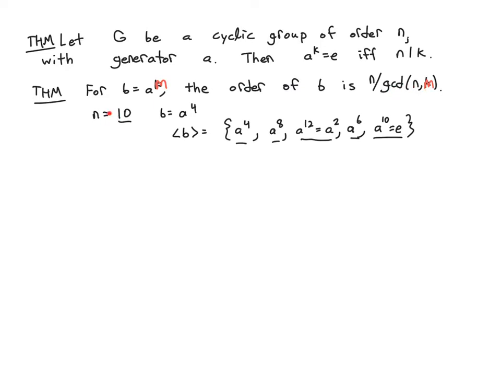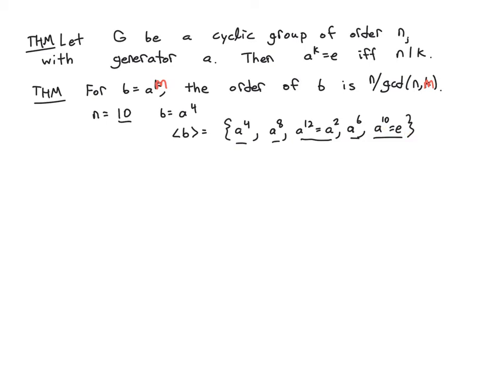So for instance, suppose n is 10 and b is a to the fourth. Then look at a to the fourth, a to the 8th, a to the 12th. But remember, a to the 10th is the identity, so this is equal to a squared, a to the 6th, and a to the 10th is the identity, and look, you had 5 elements.